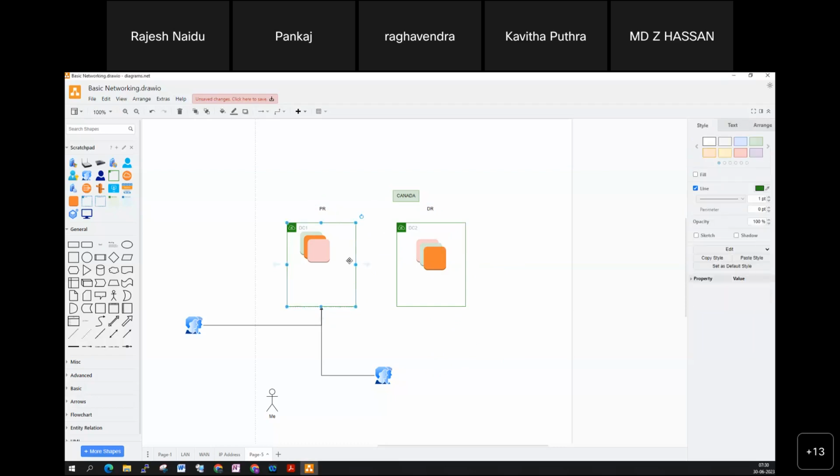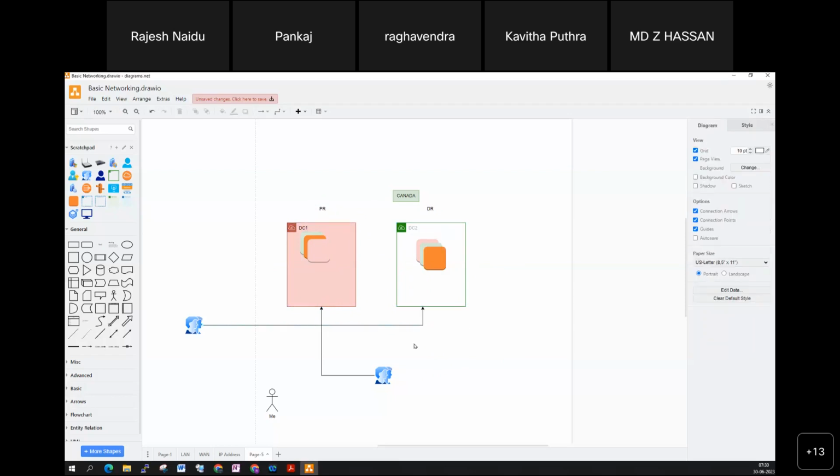In case this data center is down, I don't have any problem, and the connection will get connected to the other data center automatically.